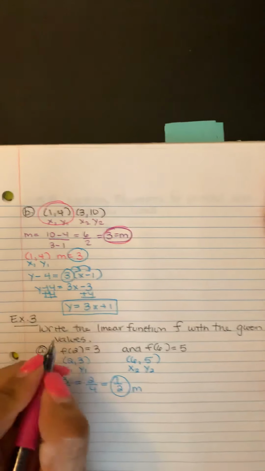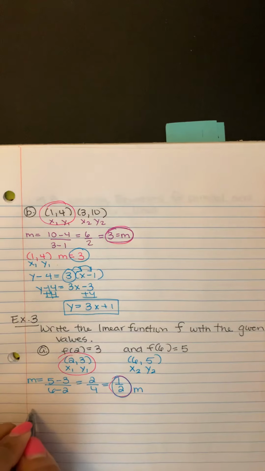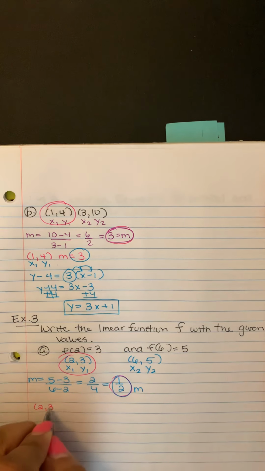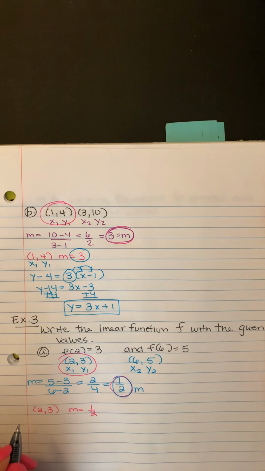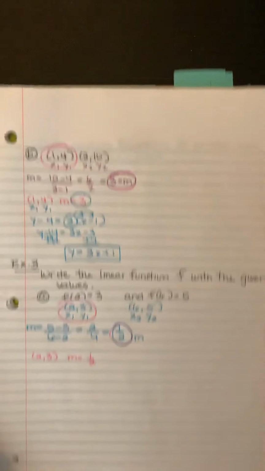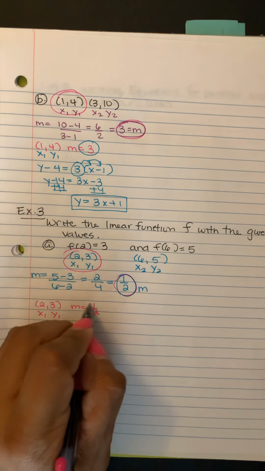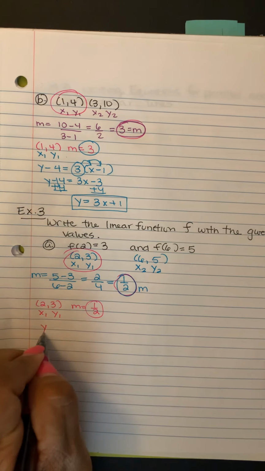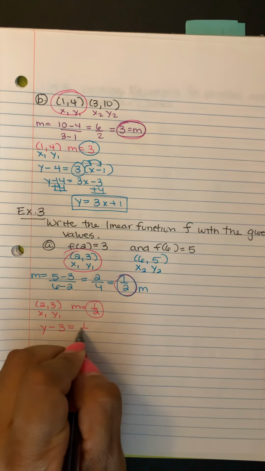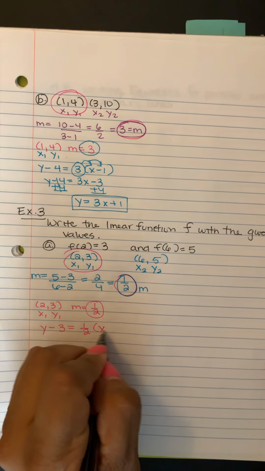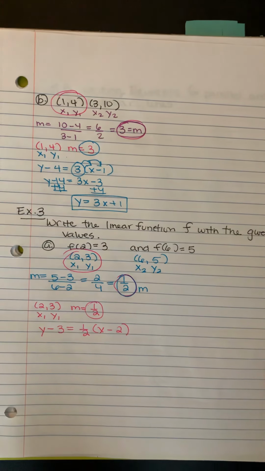Let's pick a point. I'm going to pick this point. You can pick the other point if you like. (2, 3) and m equals 1/2. So now we're going to put it in point-slope form, x1, y1, and this is m. So y minus y sub 1, which is 3, equals m times x minus x sub 1, which is 2.